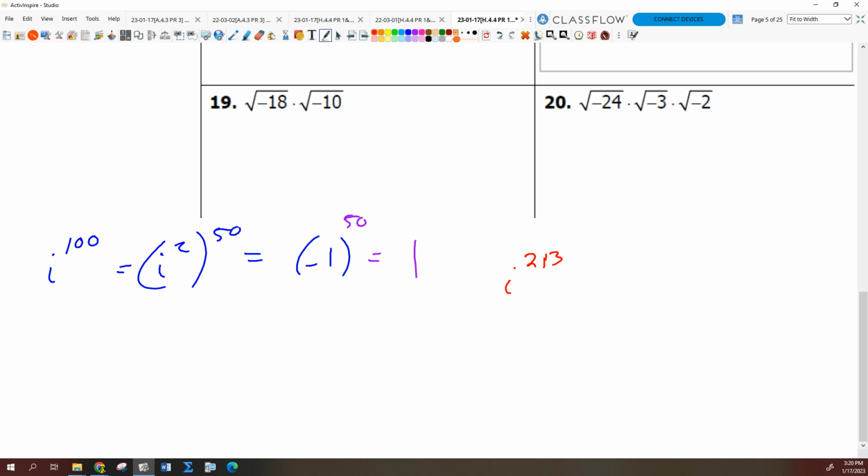You're going to get I to the 213th. I to the 213th equals I to the 212th times I. 212 is 106 times 2. So you'd write that as I squared to the 106, which is negative 1 to the 106, times an extra I on the end.